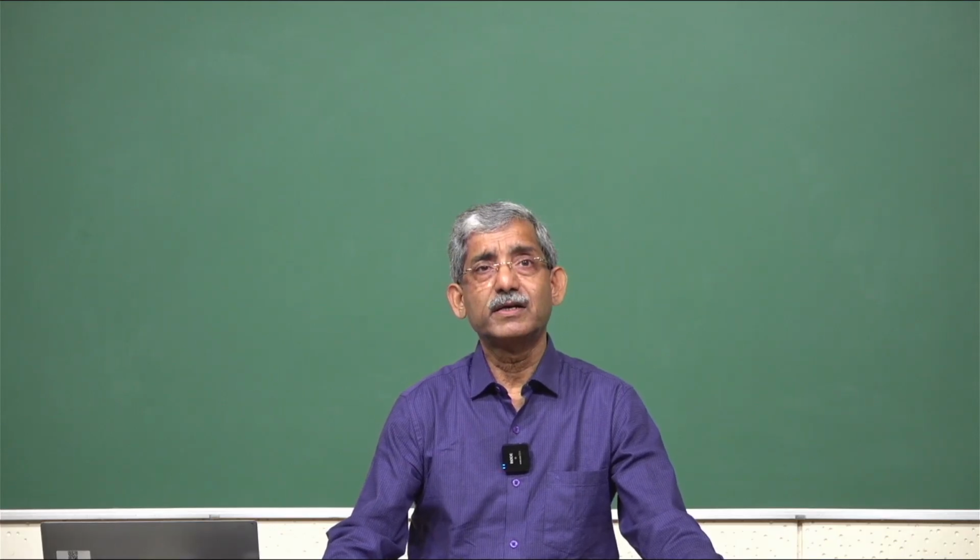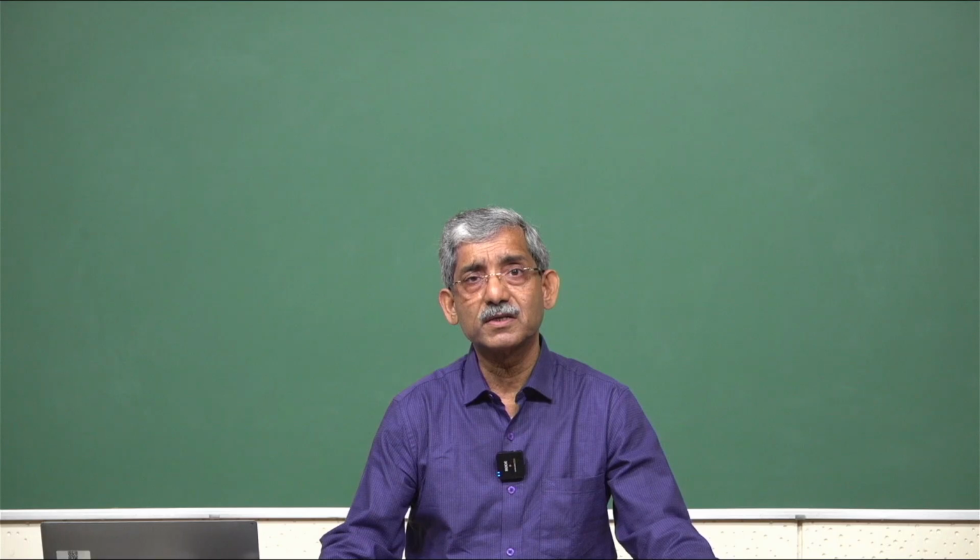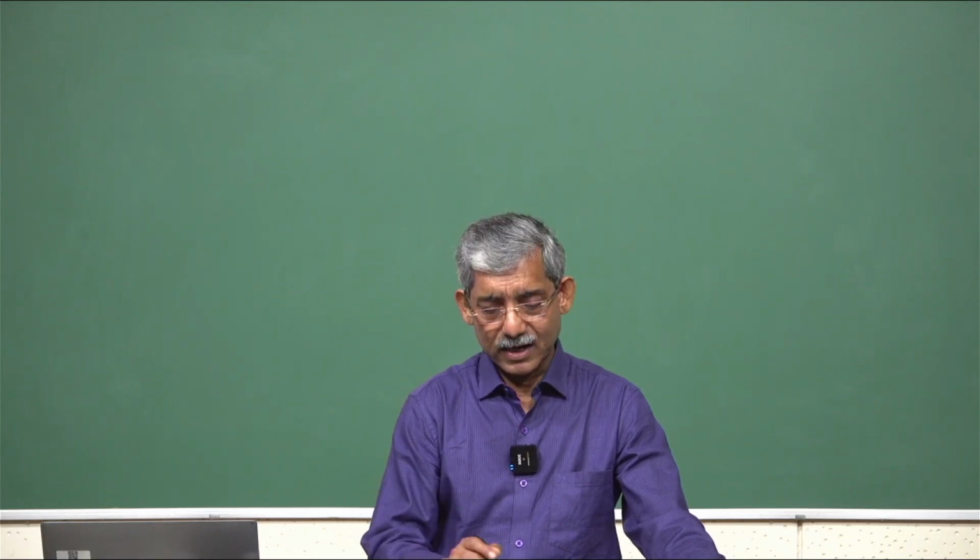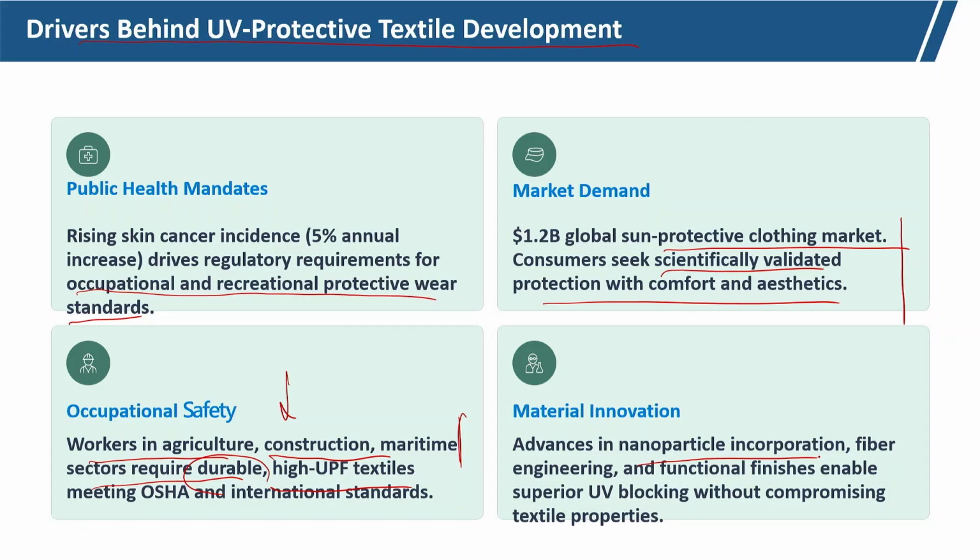Different types of material innovations are there, like advanced nanoparticle incorporation. If we incorporate the nanoparticles within the fiber, or maybe some nanoparticle coated textiles, which will absorb and block the UV ray, our body will be protected.